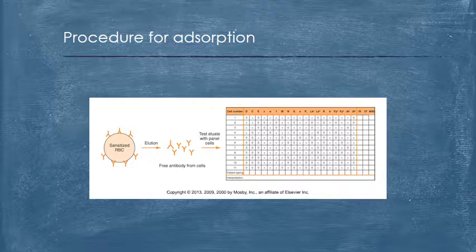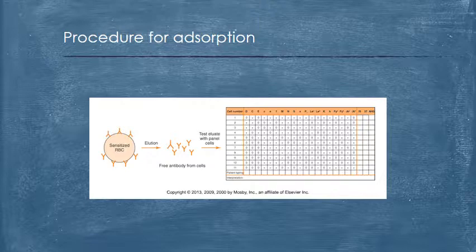Now, in adsorption, what am I talking about here? So the procedure for adsorption. Cold autoantibodies, they don't react at 37 degrees. However, they can still interfere with testing at the AHG phase because remember, they're coating the red cell.